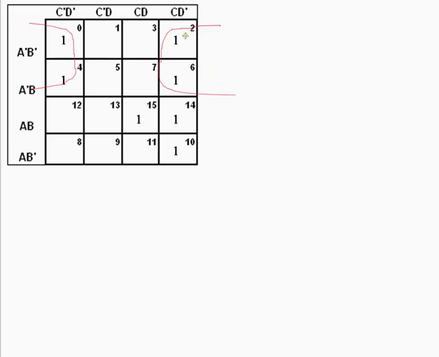So next, we can take this group right here, this group of 4, and this group is simply this column, which is C, D naught. Then we have this one left. This one is not covered by any of the other two terms.